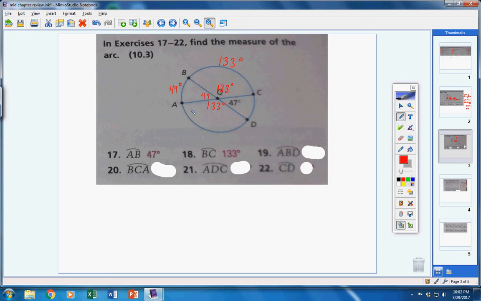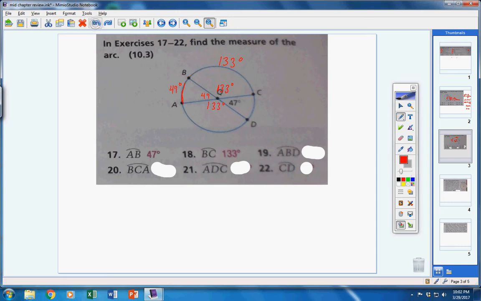Moving on to number 19. ABD. Now remember, guys, ABD is going to be the bigger arc. So it goes from A to B all the way to D. Well, this is a simple addition problem. This arc is 47. This arc is 133. We know this arc here is 47. So all I have to do is take my 3 arcs and add them together.